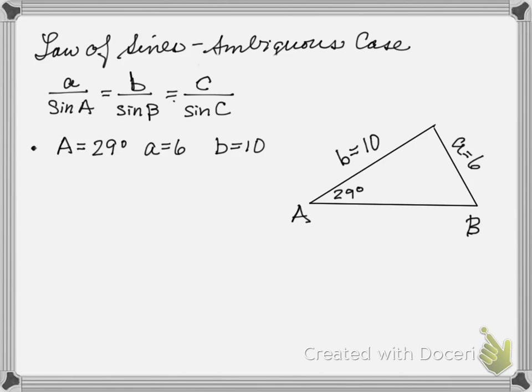What do I have? I have a side A of 6, an angle of 29 degrees.